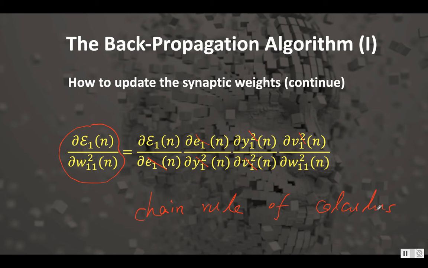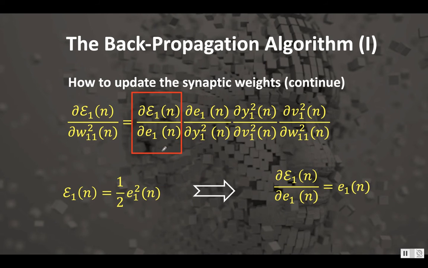We're going to apply this to figure out what this equals to. So the goal is to solve this. Okay, let's start from the first one, epsilon 1 with respect to E1.